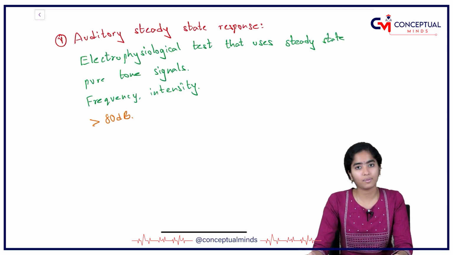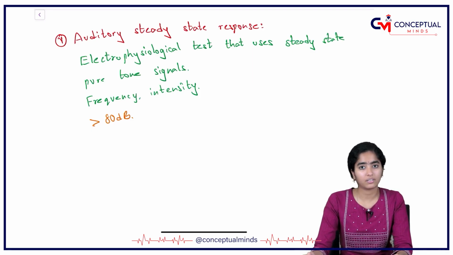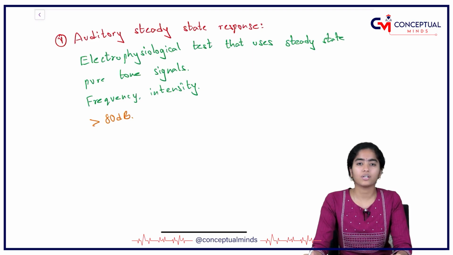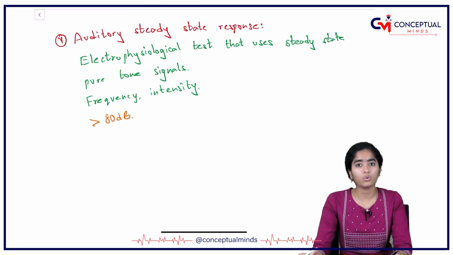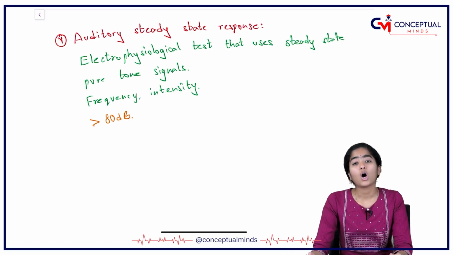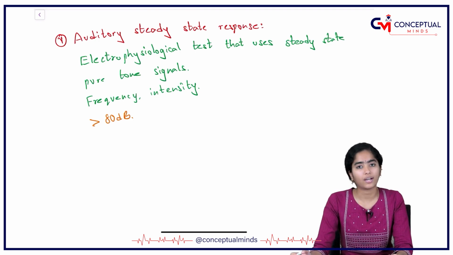Next we have brainstem auditory evoked response, that measures the electrical activity right from the 8th nerve up to the pons and midbrain also. In that we observe various waves, each corresponding to a particular anatomical site. Next is auditory steady state response, which is even better than BERA because it ideally measures profound hearing loss also, which BERA cannot measure.